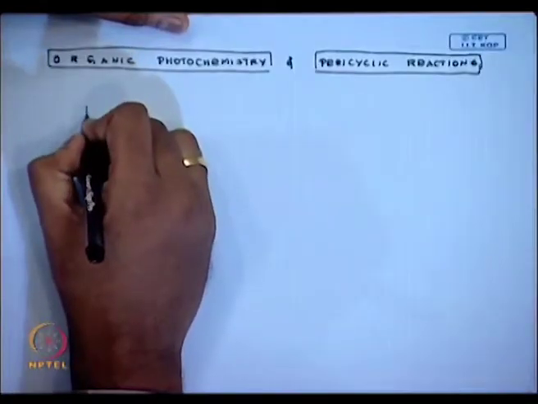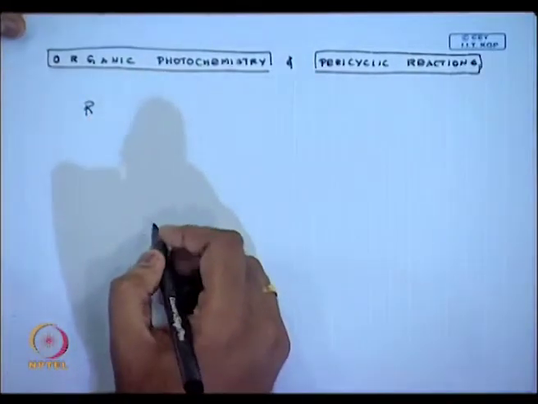So, what happens in brief, when light interacts with your ground state reactant R, it undergoes different types of transformation to give you the product P. The basic or the simplest representation of organic photochemistry can be written like this.